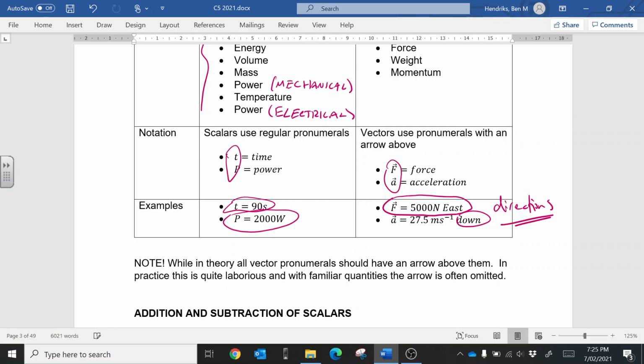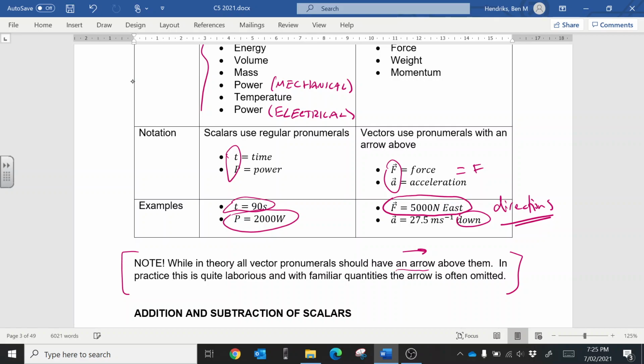Just a quick note here though. While in theory all vector pronumerals should have an arrow above their head, in practice this is quite laborious, so it's quite time consuming. With familiar quantities, the arrow is often omitted. So rather than force with an arrow, you'll most likely just write force with an F, and I'll do it all through the lectures.